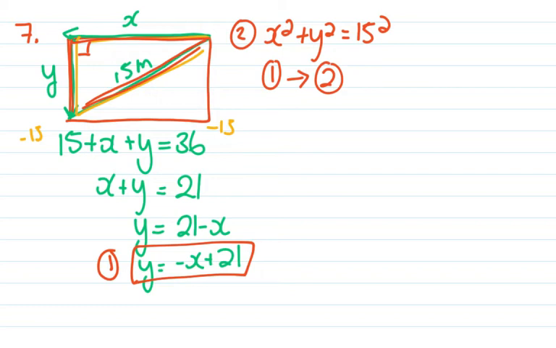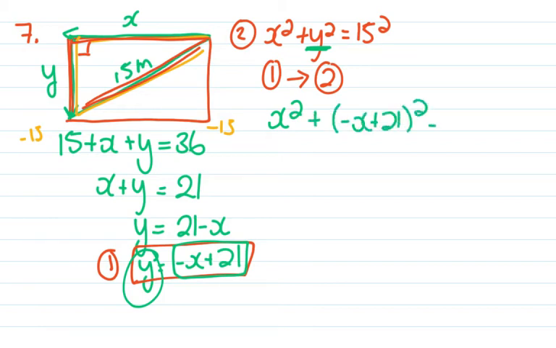So my first equation was x squared plus y squared equals 15 squared. I know that y equals negative x plus 21. So in the place of y in the Pythagorean theorem, I can put negative x plus 21. So now I have x squared plus (negative x plus 21) squared equals 15 squared.